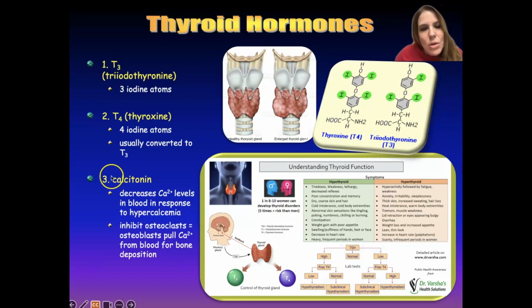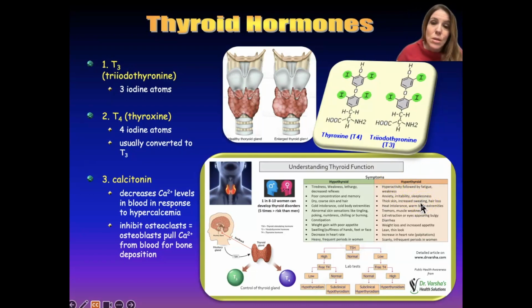So that's calcitonin. But when we're talking about endocrine, we're talking about thyroid hormones. We're talking about T3 and T4. And it's important that the body have that homeostasis, that set point for the amount of T3, especially in the blood, because too much thyroid hormone can lead to something called hyperthyroid disease or hyperthyroidism.